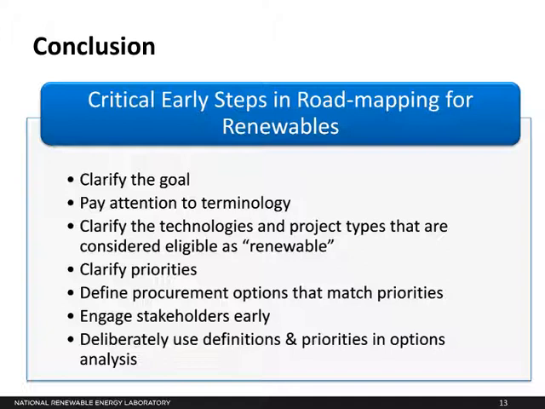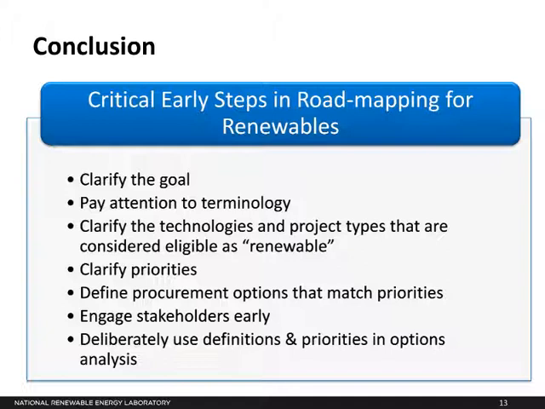Pay attention to the terminology, how you talk about the goal, how you talk about achieving the goal, and make sure you understand and clarify what you mean by that. Clarify the technologies and the project types that are considered to be eligible as renewable for meeting the goal. And clarify the priorities, the things that you want to focus on as you make your decisions, as you find your options for meeting the goal.